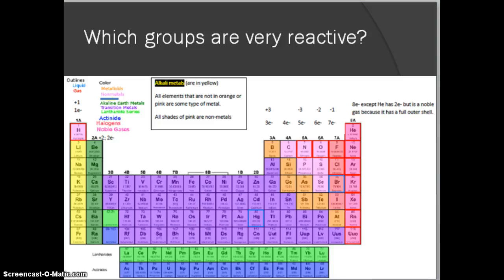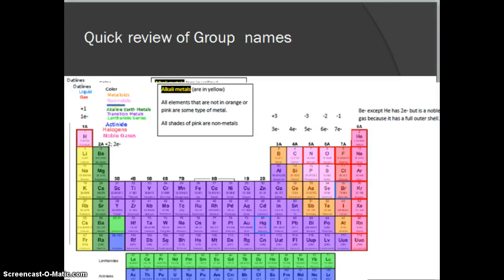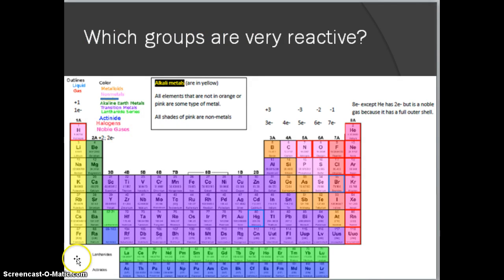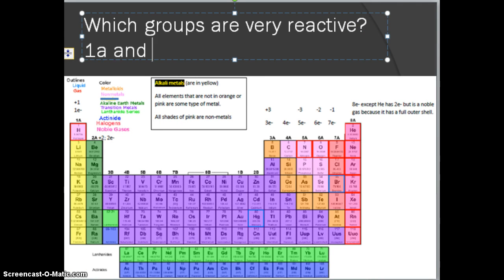Which groups are very reactive? All right, so we've got to think back to why atoms react. They react in order to get a full outer shell. So which two groups are the closest to having a full outer shell? It would be groups 1A and 7A.